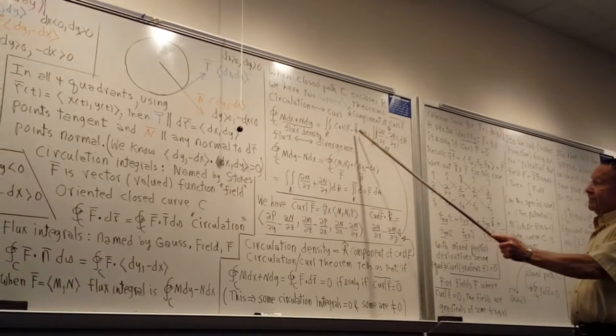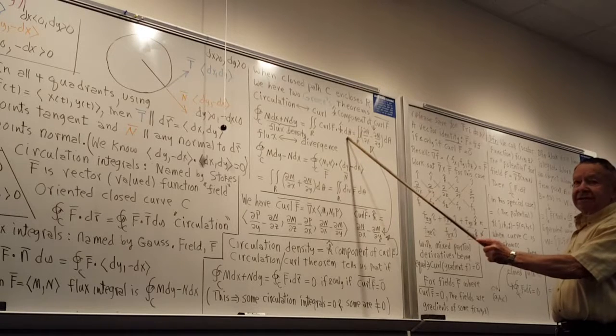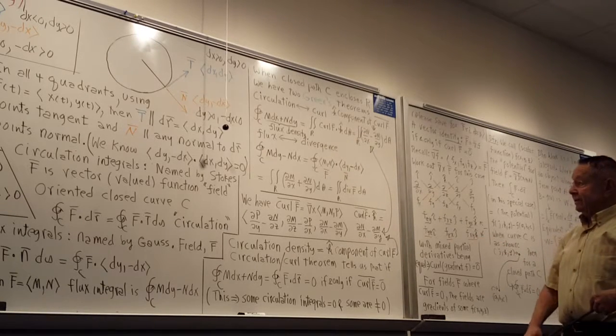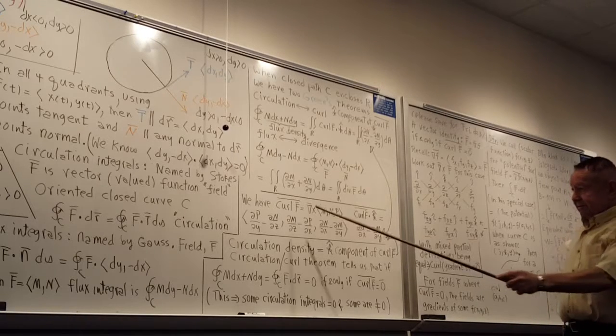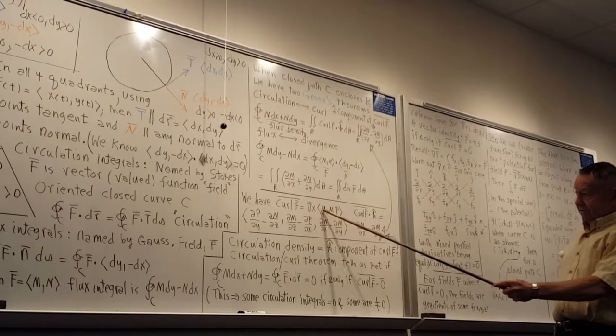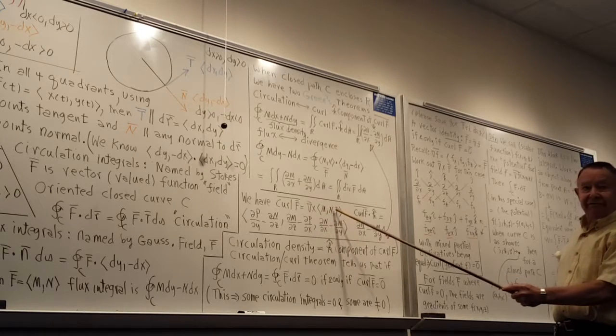It's curl dot k integrated over the area that's enclosed. And if you remember from yesterday, we have curl is del cross a three-component vector.